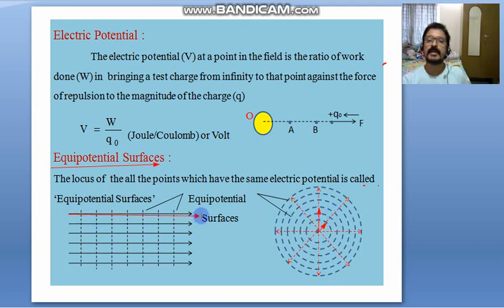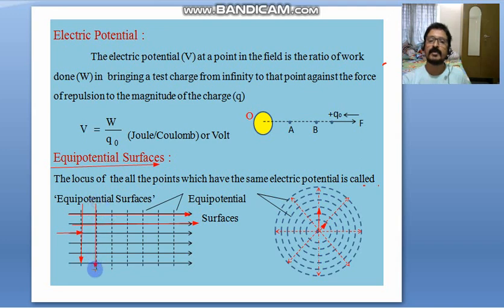Similarly, suppose we have electric potential in this direction, at a distance r from the charge. At a distance r we have some value of electric potential, so every point on this line has the same potential.